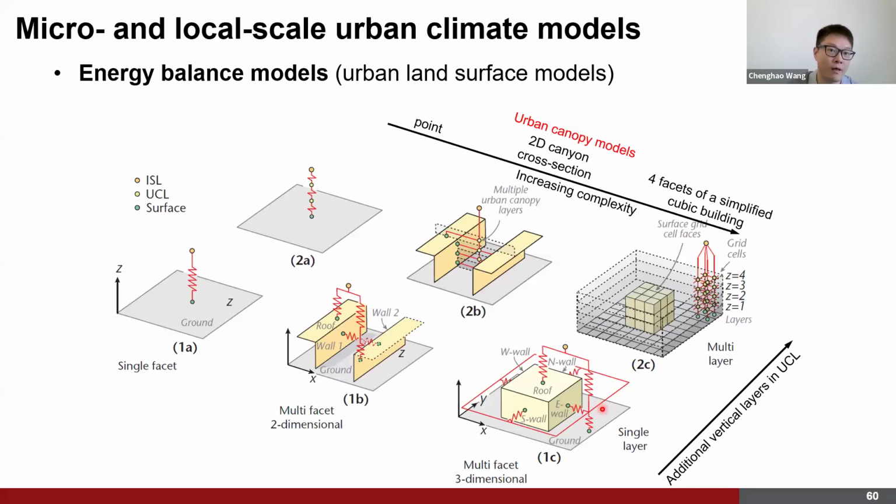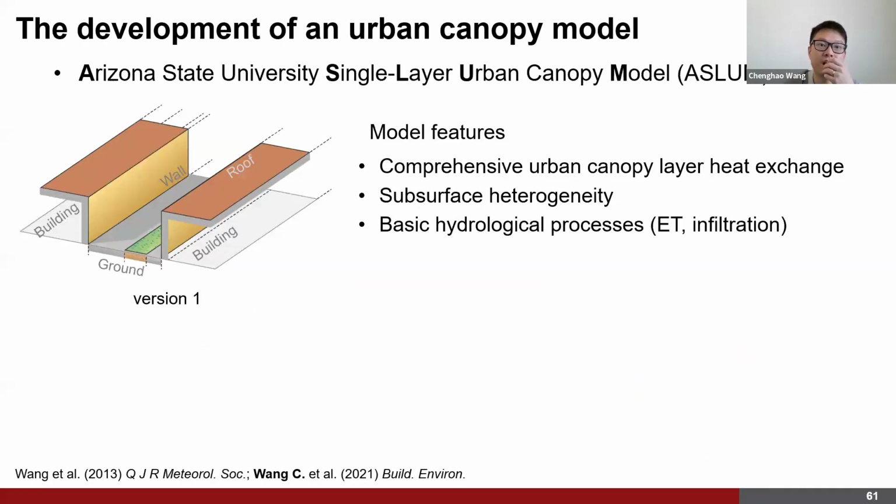So in the following 3 slides, I will briefly introduce a two-dimensional urban canopy model we have developed, so that you can have a better understanding of how researchers usually progressively improve the urban climate model to capture more physical and biophysical processes within cities. So the model we developed is the Arizona State University Single-Layer Urban Canopy Model, or ASLUM.